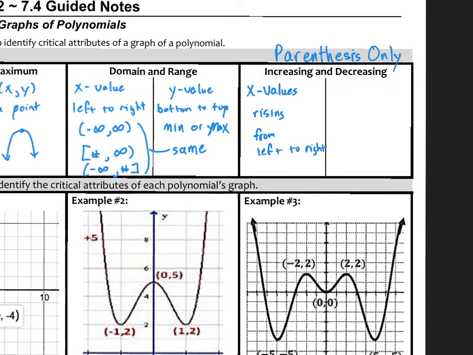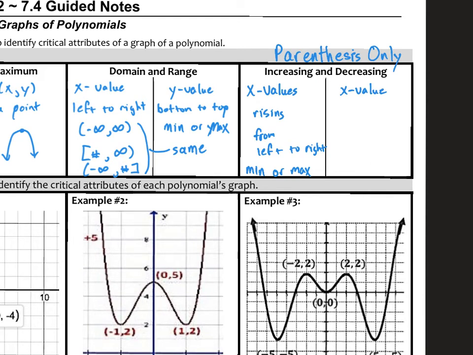And then they may stop increasing and decreasing at min or max. So mins and maxes are going to be stopping points as well. Okay, so you're going to have your negative infinity, your positive infinity, you're going to have your min and max x values. Okay, the decreasing side, same thing. We're doing x values again, always x values, increasing and decreasing.